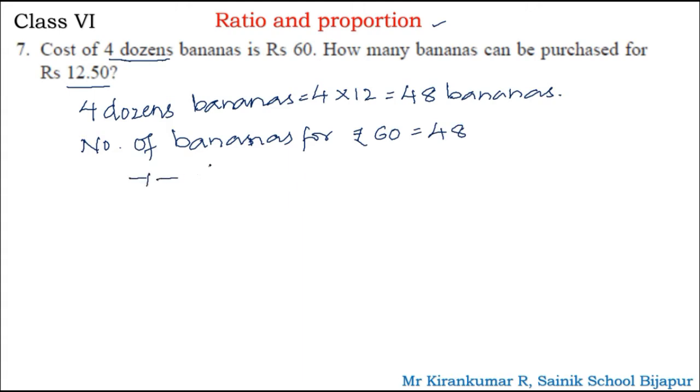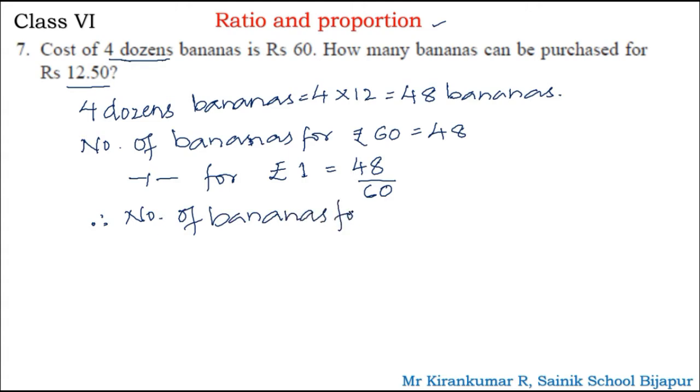So the number of bananas for rupee 1 is 48 divided by 60. Therefore, the number of bananas for rupees 12.5 will be 48 divided by 60 into 12.5.